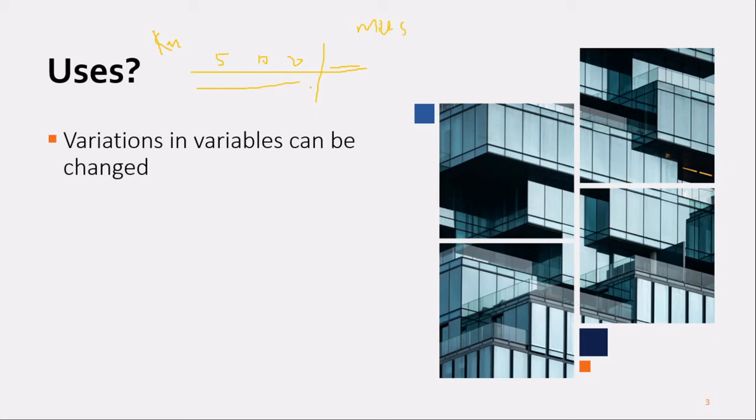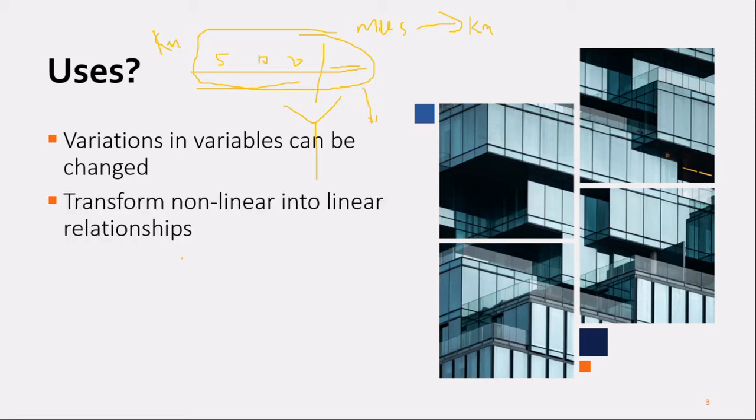So what do you do now? Is it easy to analyze or extract a common result from this? Obviously no. So we need to convert the miles into kilometers. Then we consider the whole 100 records, and now we can analyze or predict results in an easy way, right? So that is what is meant by variations in a variable can be changed.